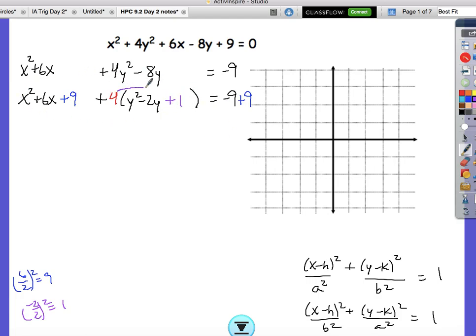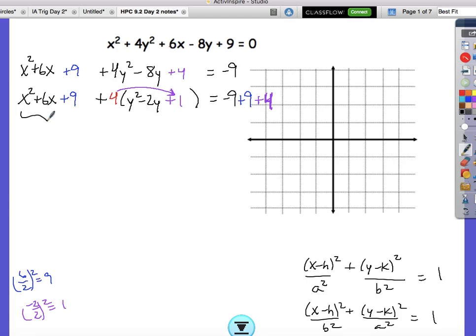I altered it by a factor of 4, because this 4 would distribute through. So technically it'd be 4y squared minus 8y, and then this would be a plus 4. Can you kind of see that better? So I need to add a 4 over to this side, not a 1. So if it kind of helps you, we added a 9 here and we added a 4, so I need to add 9 and 4 on the other side.